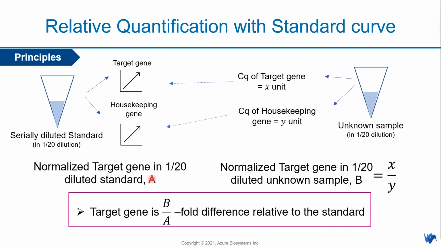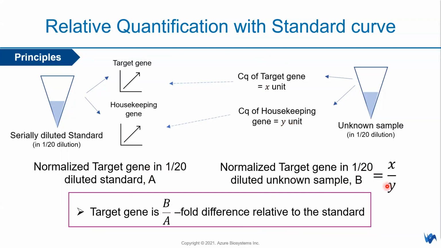This is the normalized copy number, target gene divided by housekeeping gene. And you have another one, the normalized target gene in the 1 in 20 diluted unknown sample, which is B, which is X, the amount calculated based on the X CQ value, divided by the number calculated based on the Y CQ value. That's how you get your ratio.